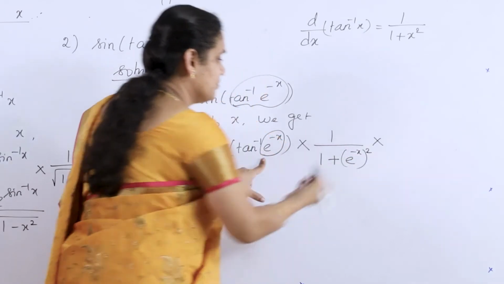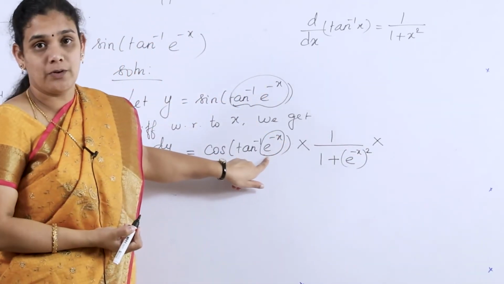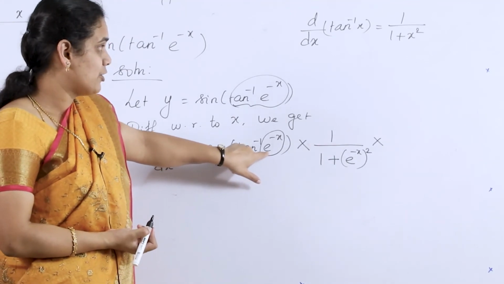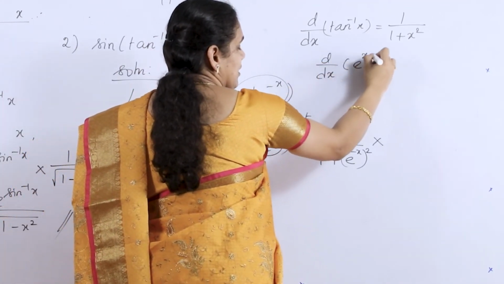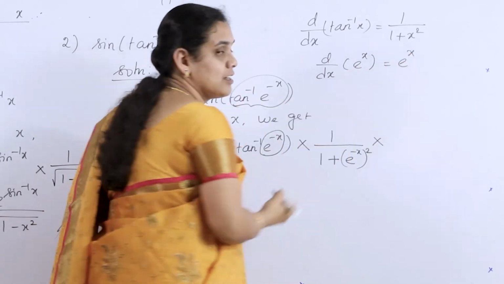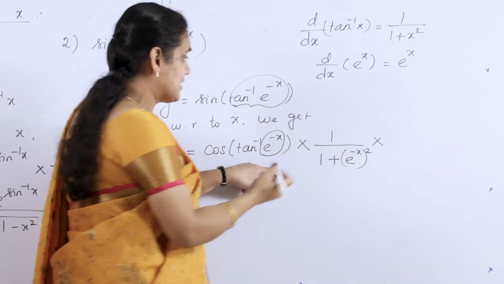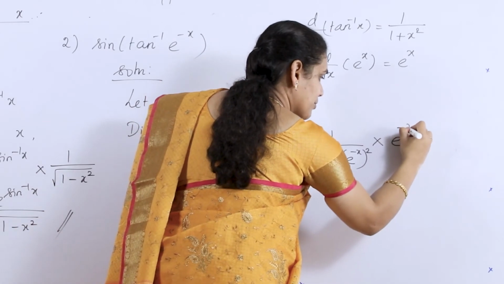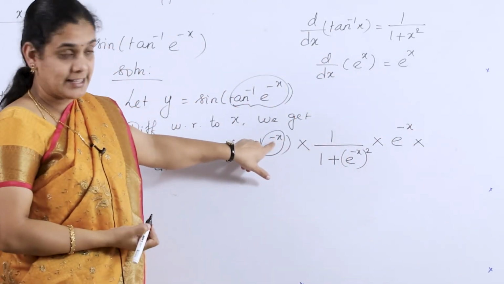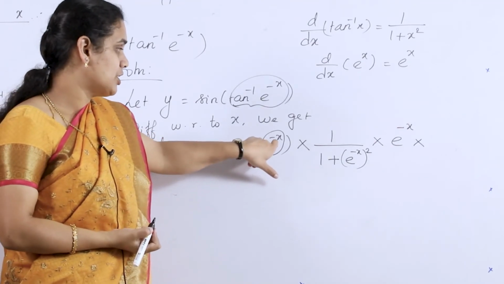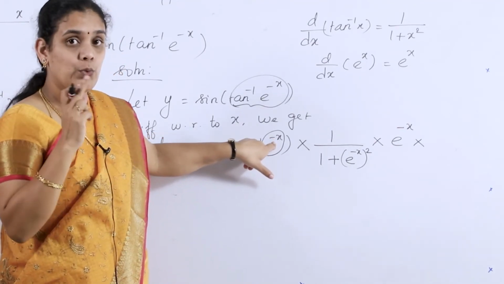Okay. Into, then we differentiate e to the power minus x. So what is the derivative of e power x? Derivative of e power x is e power x, isn't it? So e power minus x. So it will remain the same, e power minus x, into, then we have to differentiate minus x. I already told you, if you differentiate a variable with respect to the same variable, we get 1.